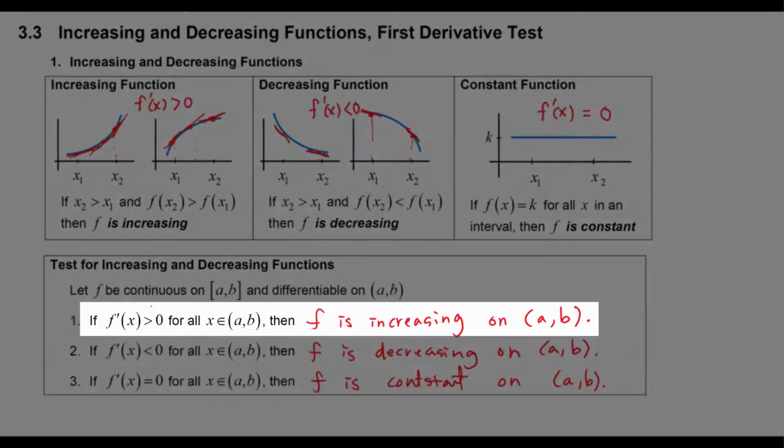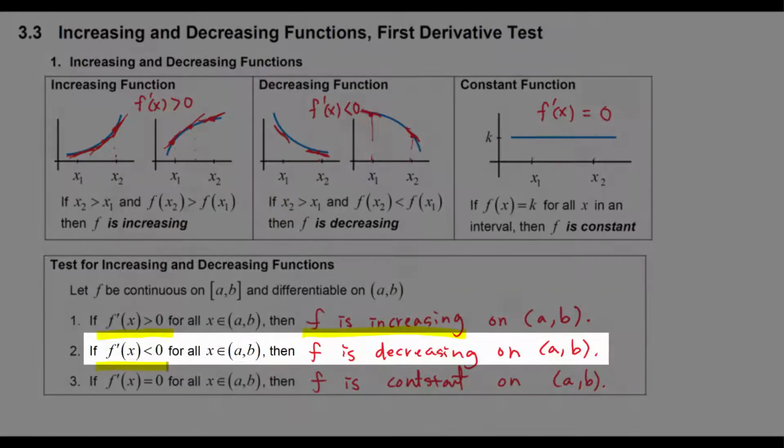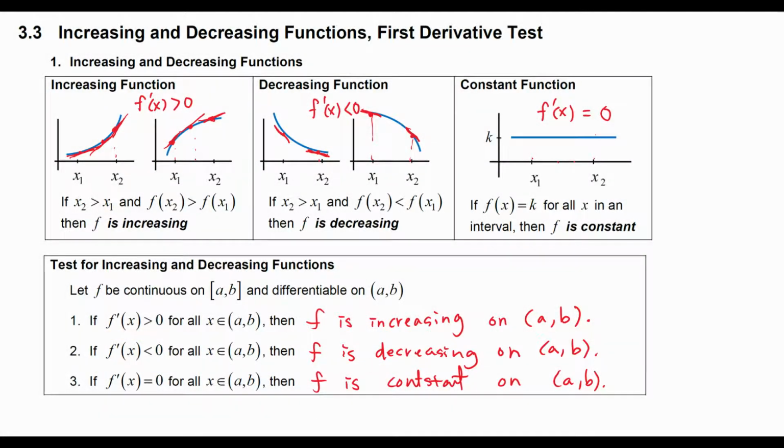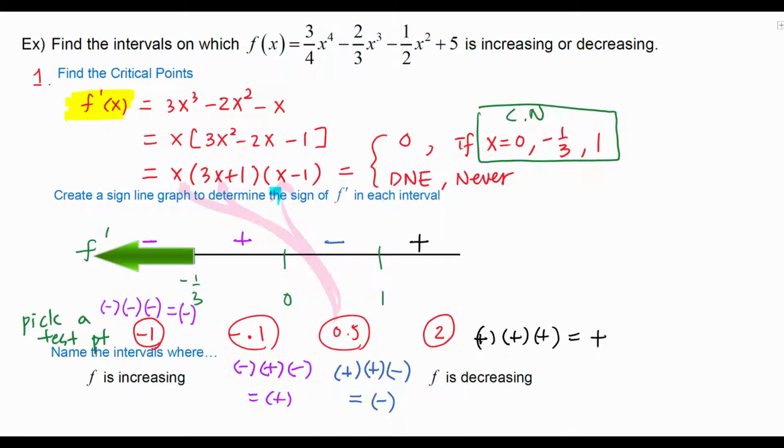Recall, if f prime is positive, then f is increasing on that interval. If f prime is negative, then f is decreasing on that interval. So you can now conclude that f is decreasing on this interval, increasing on this interval, decreasing on this interval, and increasing on this interval.